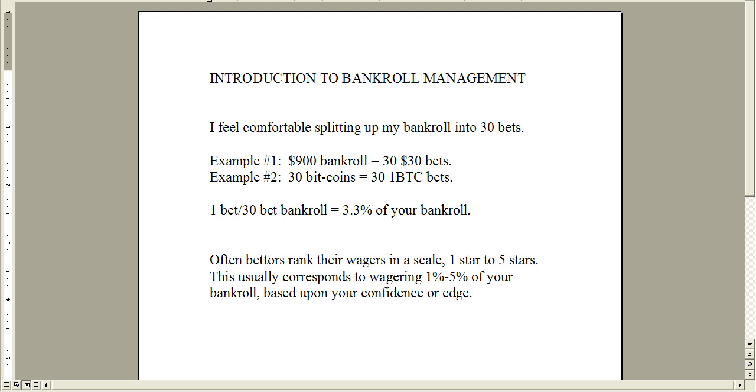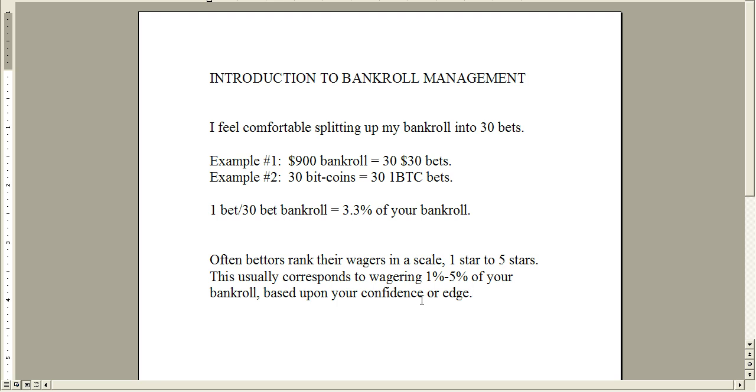That's kind of the amount of wager that you're looking to bet, and that's my comfort zone. Some people are more aggressive and some people are more conservative. It's up to your own individual comfort zone, but I like to be somewhere in the middle between aggressive and conservative, so 3.3.